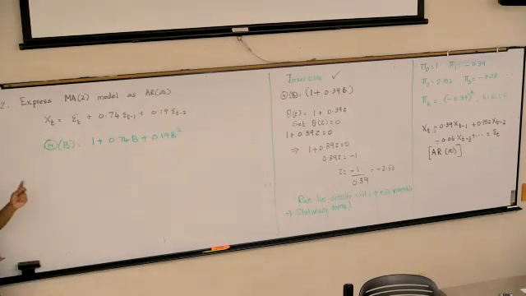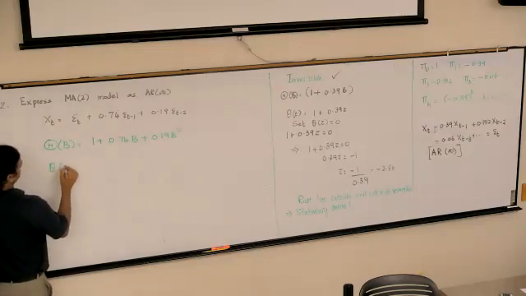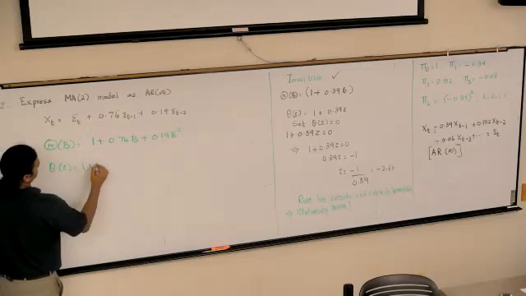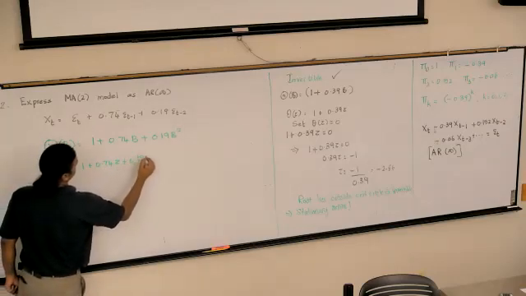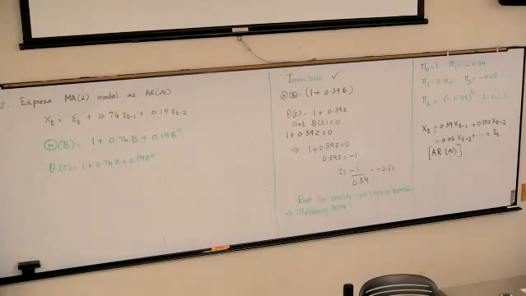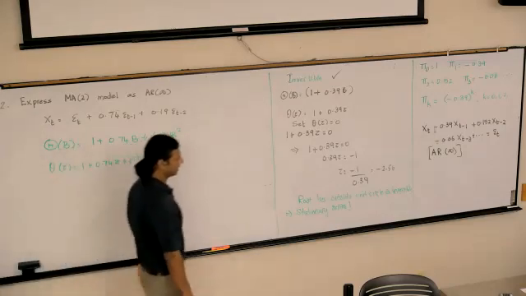Yes. Now, what is our characteristic polynomial? Simply theta of z is equal to 1 plus 0.7z plus 0.19z squared.